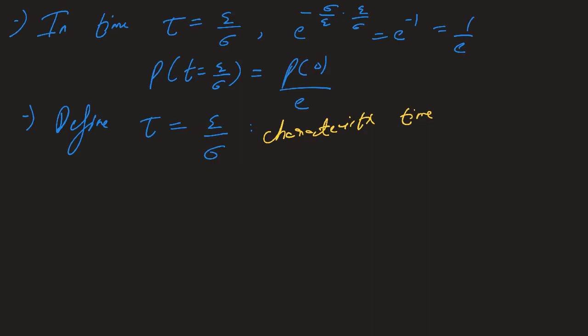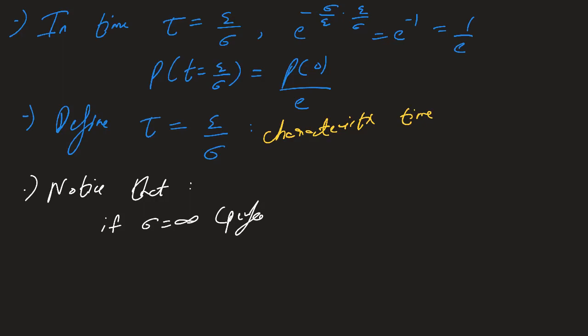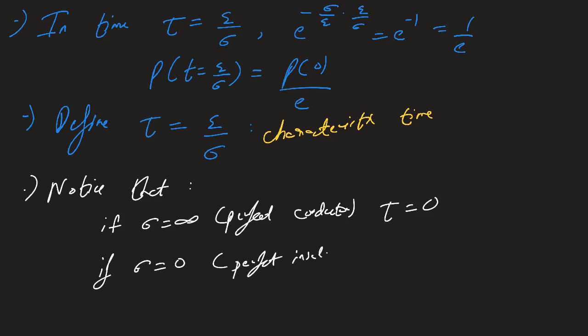Okay, now notice that if sigma is infinity, that is, you have a perfect conductor, then tau is equal to 0. And if sigma is equal to 0, that is, you have a perfect insulator, then tau is equal to infinity.